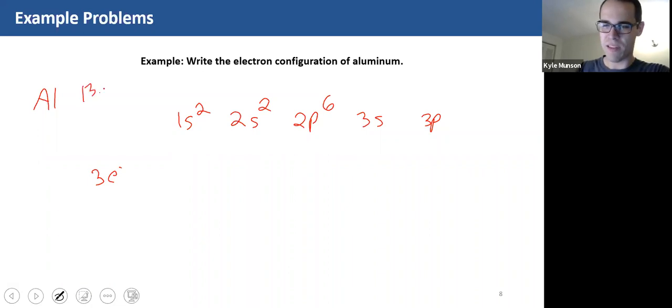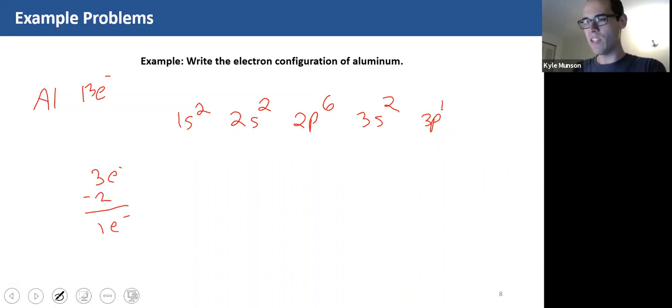So 13 electrons, 3 left. And then the 3s can have 2. Okay, so I have 1 electron left, and then that 1 electron goes right there. Okay, and again, just count. 2 plus 2 plus 6 plus 2 plus 1 is 13. So I have the correct electron configuration here for aluminum.